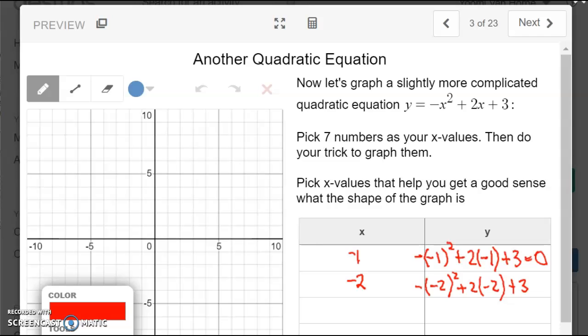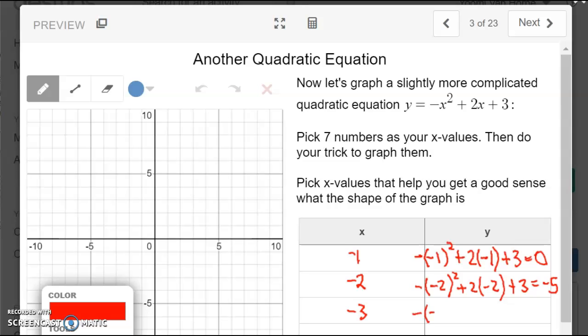Okay, negative 2 squared is 4, so that becomes negative 4, plus 2 times negative 2 is negative 4. Negative 4 plus negative 4 is negative 8, plus 3 is going to be 5, or negative 5. I'm sorry. Okay, all right, so then we could try negative 3.